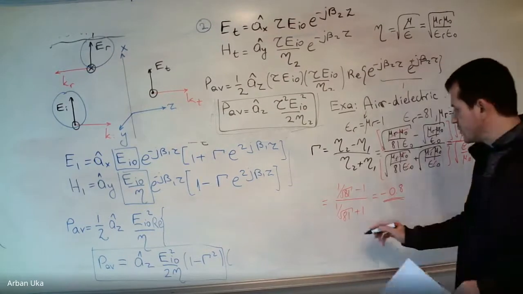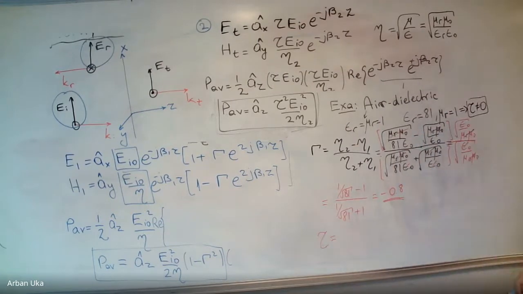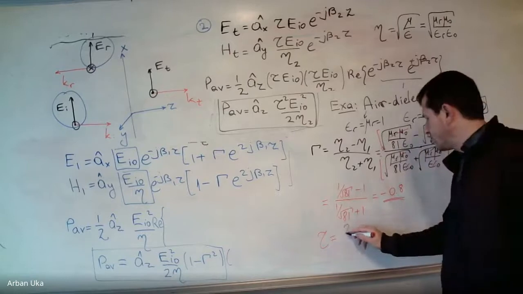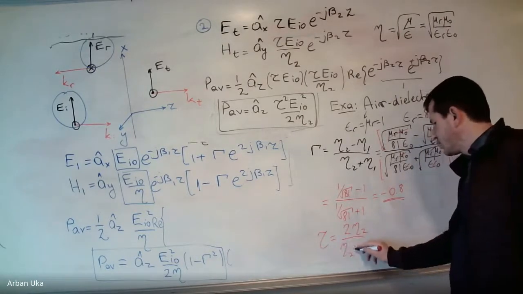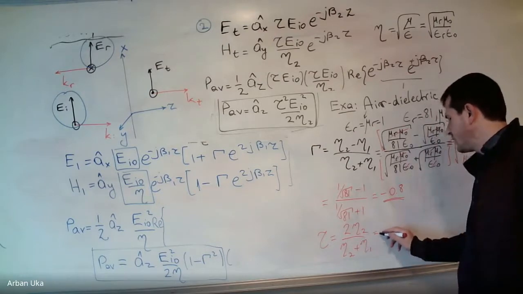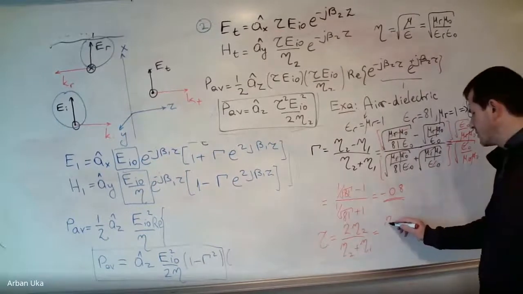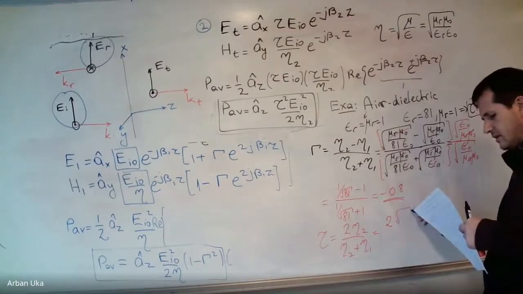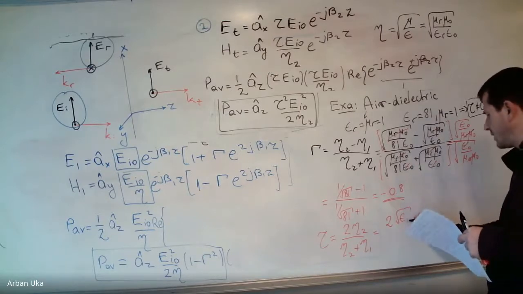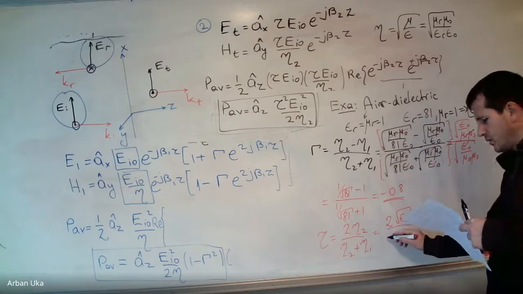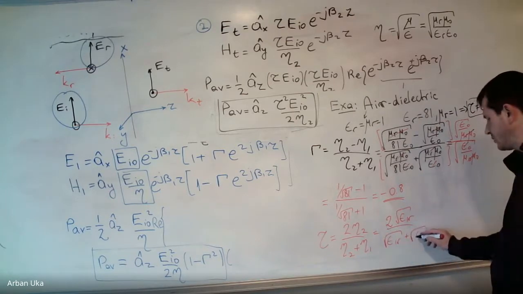Meanwhile, for the transmission coefficient, this tau, we had the expression which was equal to 2 eta 2 over eta 2 plus eta 1. And this whole term can also be equal to 2 times the square root of E1R, E1 relative, over E1R plus E2R.